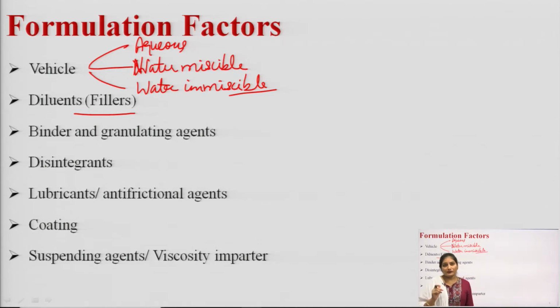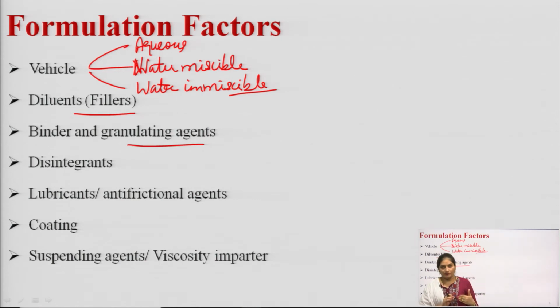Now, next is the binders and the granulating agent. What is the significance of the binder? Why are binders added into the dosage form? These binders are added to make the dosage form compact, to bind the particles, to impart cohesiveness into the drug particles. If the concentration of binder is more in the dosage form, more hardness will be imparted.